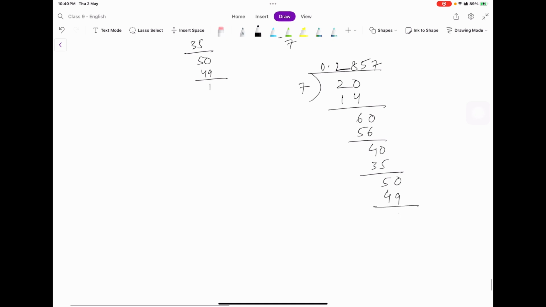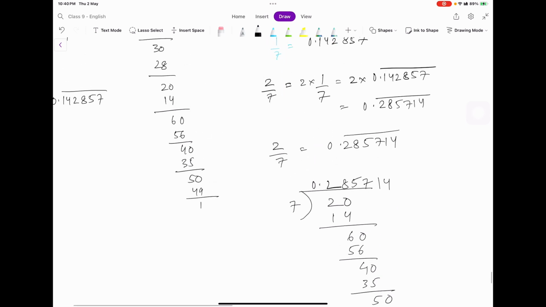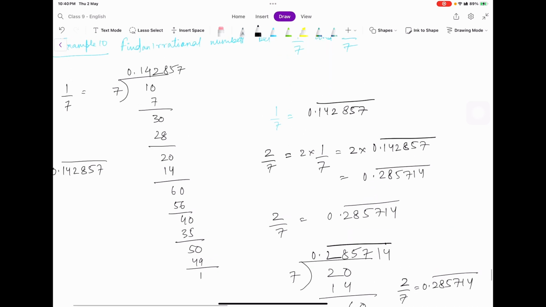Then 1, 10, that is 1, 7, 30, 4, 28, 2. See, again 2 came. You are getting it or not? So 2 by 7 is 0.285714.